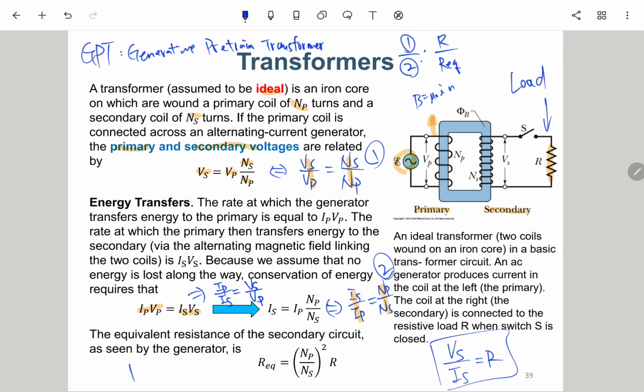So here we have R equivalent to be Vp over Ip, the equivalent resistance for the primary coil.